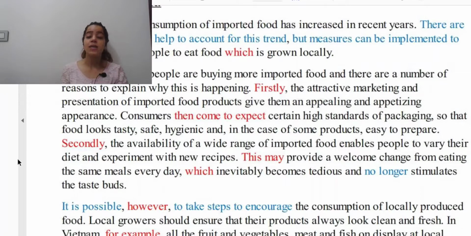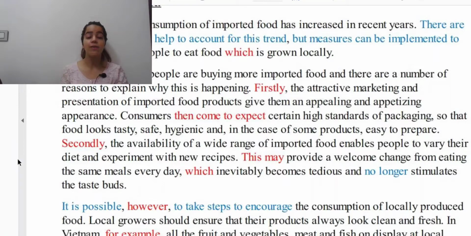Secondly, the availability of a wide range of imported food enables people to vary their diet and experiment with new recipes. So they've got more options. They can challenge their eating habits. This may provide a welcome change from eating the same meals every day, which inevitably becomes tedious and no longer stimulates the taste buds.